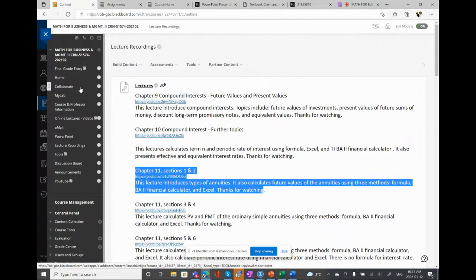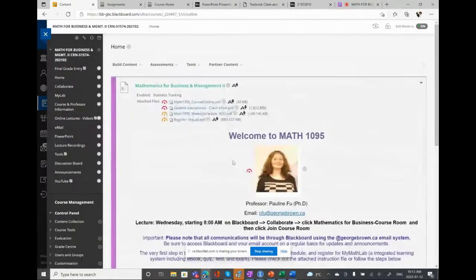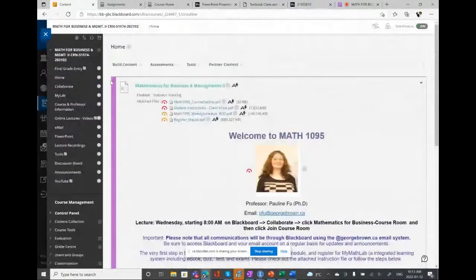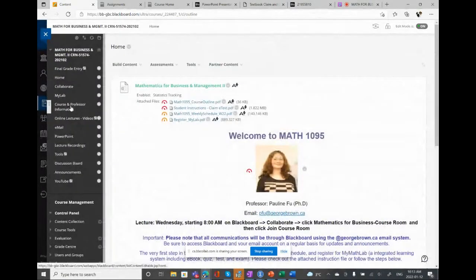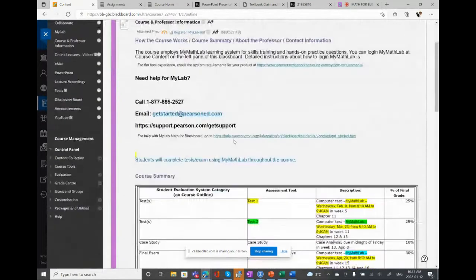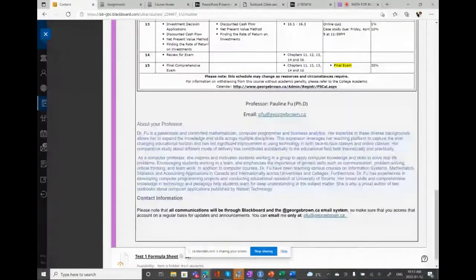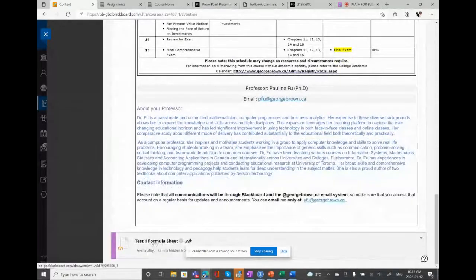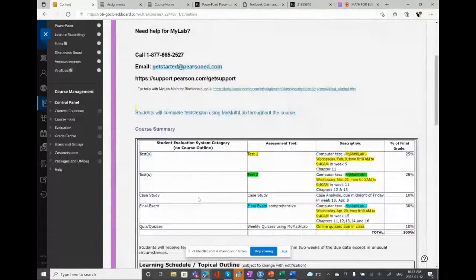Okay, let me see if I can find formula sheet. I don't have formula sheet on hand. Okay, let me see course information. I have 1 formula sheet here for test 1. See, test 1 formula sheet.